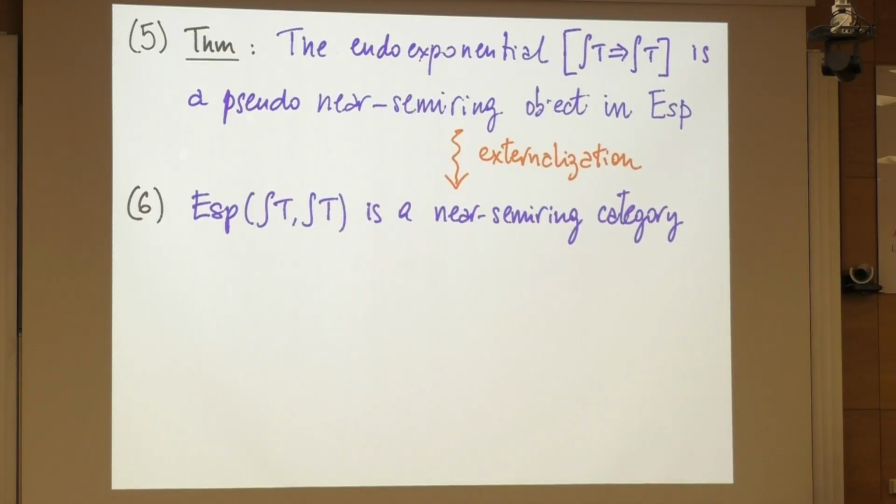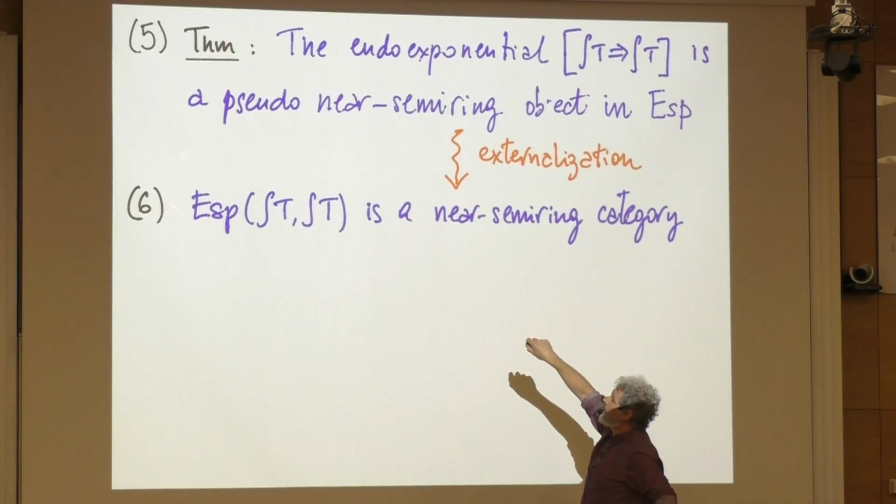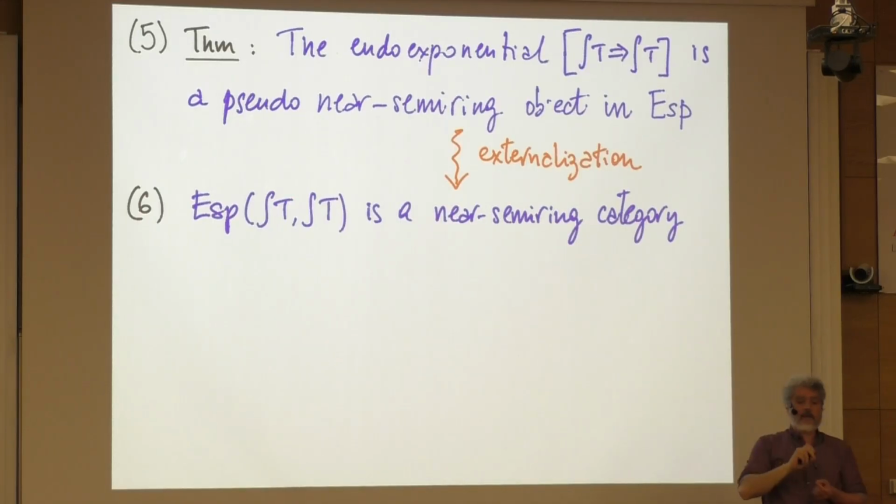And okay, so if I externalize this, what I'm saying is now the hom category from the category of elements of the operad T to the operad T happens to have near semi-ring structure.